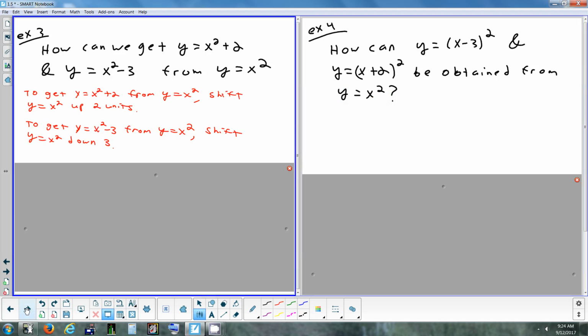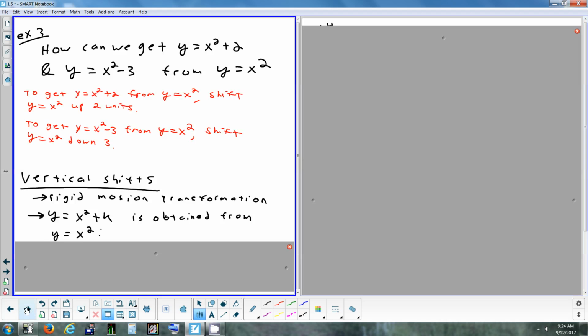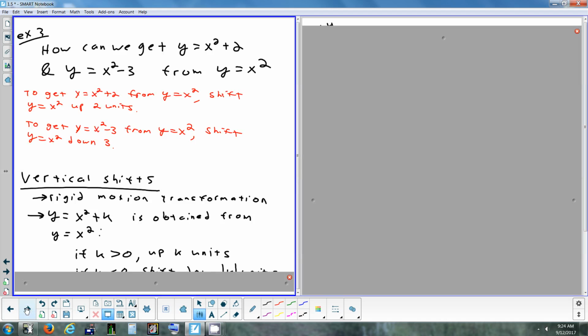Actually, I have it over here. So vertical shifts, I just said these are rigid motion transformations. And the idea is that if you have x squared plus k, if k is a positive number, it's going to shift up. If k was a negative number, it's really like you're subtracting k, and it would shift down.